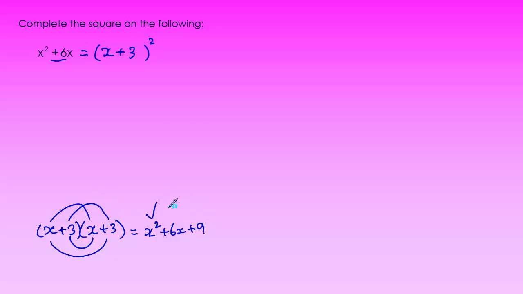So the x squared and the 6x is exactly what we want, but we don't want the 9, so what we're going to do is just subtract it, and that's the completed square form of x squared plus 6x. So the next one is x squared minus 8x plus 9, and then we're going to do x squared minus x plus 3. So let's do this one first, doing what we did before.